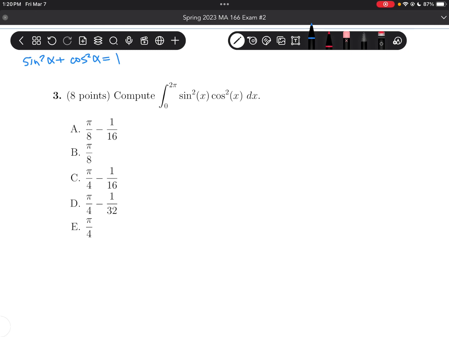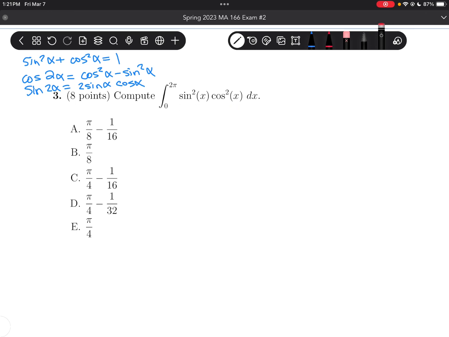And then the others are the double angle identities. Cosine 2a is equal to cosine squared a minus sine squared a, and sine 2 alpha equals 2 sine alpha times cosine alpha. You'll notice this last identity, the right-hand side, looks very similar to what we have over here.